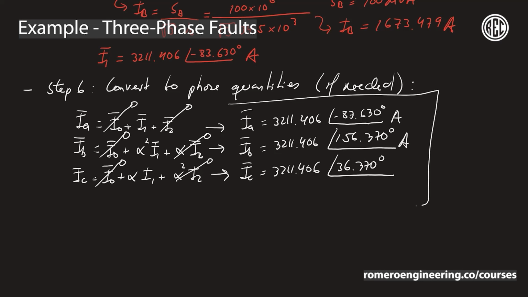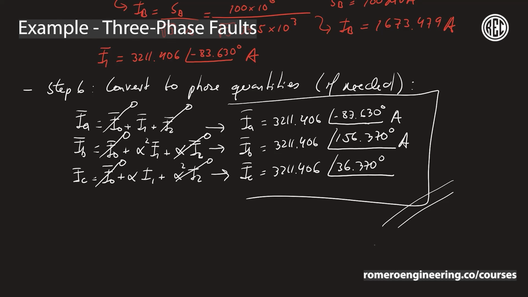And again, notice here that the currents all have the same magnitudes and they're balanced, meaning the angle between the A phase, B phase and C phase are 120 degrees apart. So B phase is lagging by 120 degrees and C phase is leading by 120 degrees.